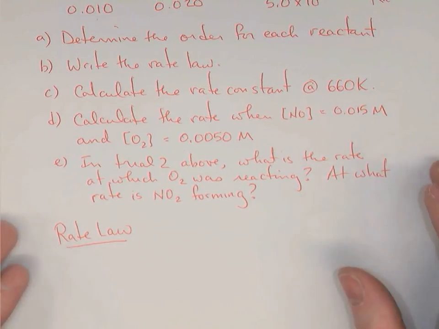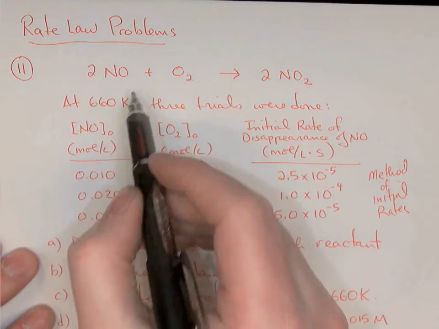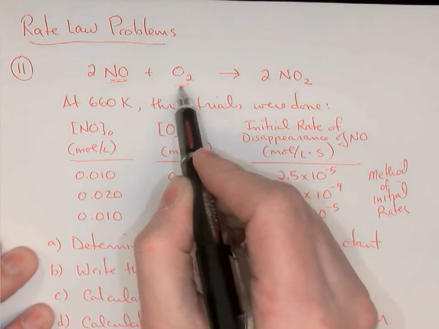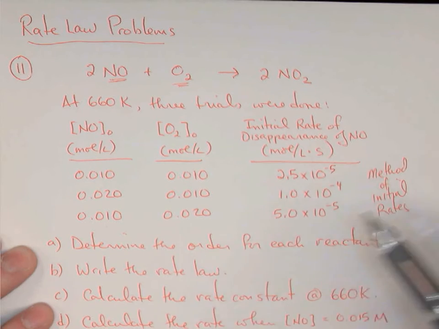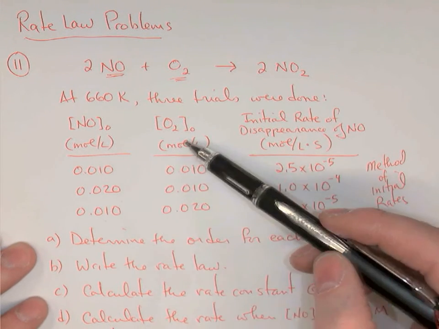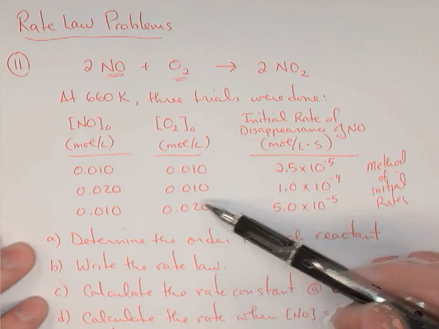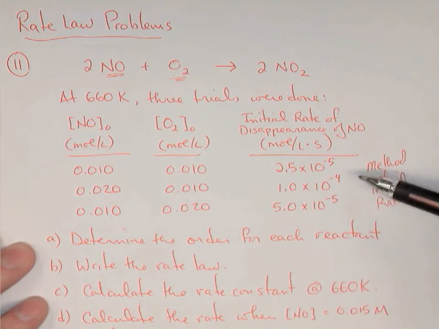In our balanced equation above, we notice that the reactants were nitrogen monoxide and oxygen. Those are the reactants, so their concentrations affect the rate of the reaction. That's why our data table shows us concentrations of NO and O2, and how changing them affected the rates over here.